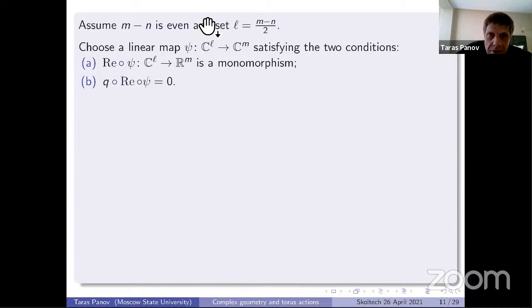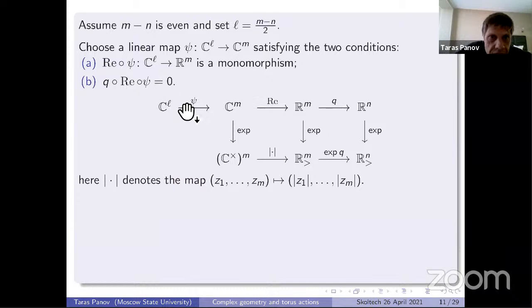So you choose a linear map from C^L to C^m satisfying two conditions. The first condition is that when you compose it with the projection onto the real space, taking the real part, it becomes a monomorphism. The second condition is that when you compose it with the map that sends the basis vector to the generator of a cone, that's the Q map, a standard map coming from a choice of generators for your fan, then it's 0.